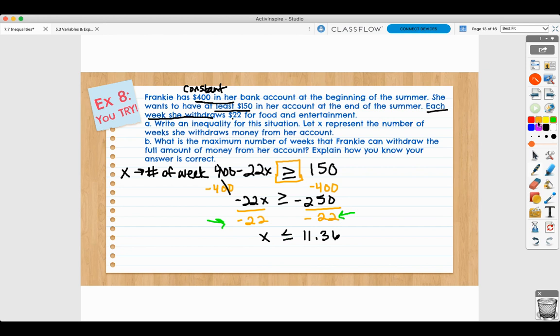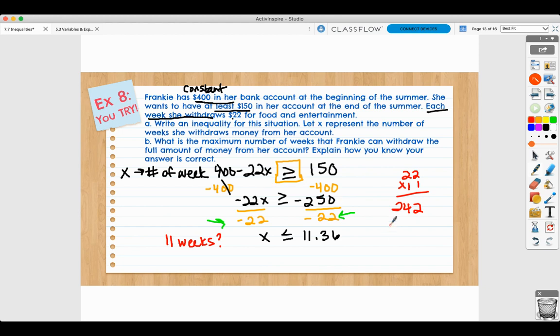And let's see if this makes sense in context to the problem. So we have 11.36 weeks. Does 11 weeks make sense for this? In 11 weeks, 22 times 11 ends up being 242.